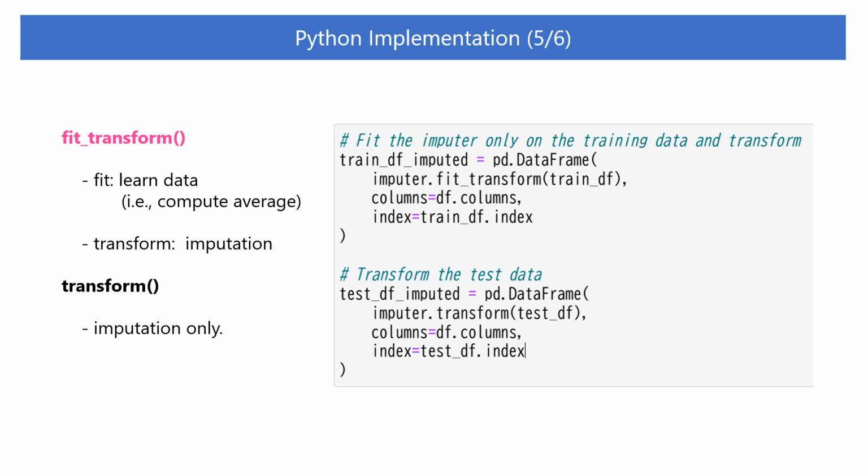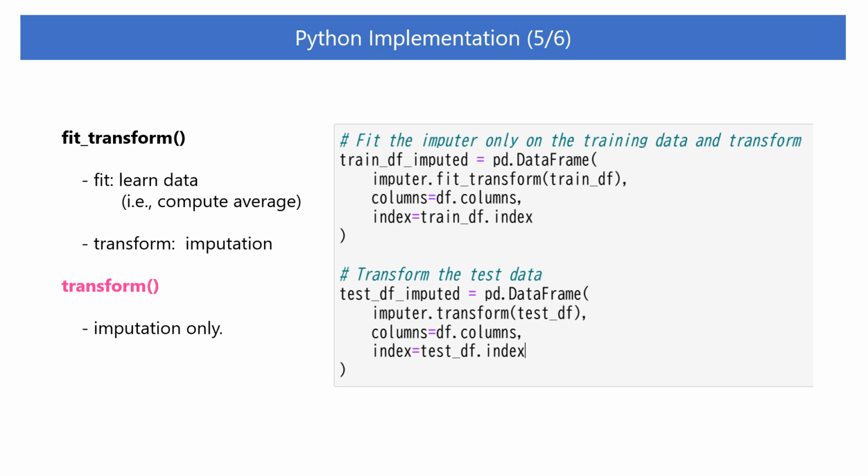It means that we make the imputer learn the training data, and then transform the training data using the information from the training data. In other words, the fit calculates the average value of the training data, and then the transform uses the average value for imputing the missing data.